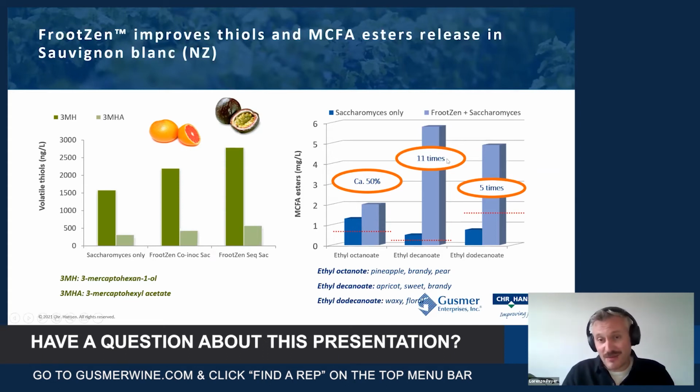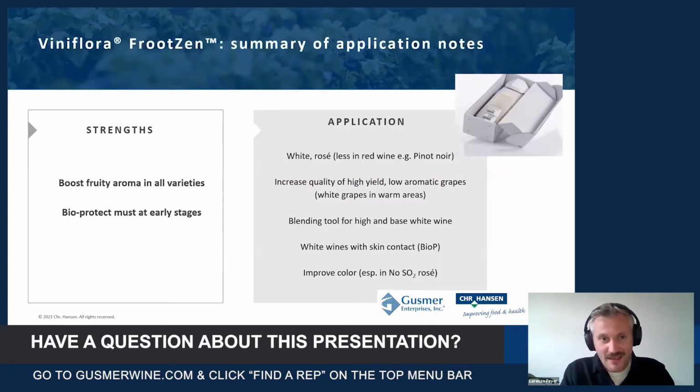And then again, FrootZen can release a copious amount of flavor-intensive esters. So the strength is for sure boosting the fruit aroma. Sometimes winemakers also say that's almost a little bit too much flavor that we get out. But then they use these tanks also as blending material.